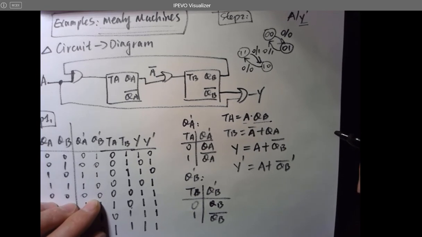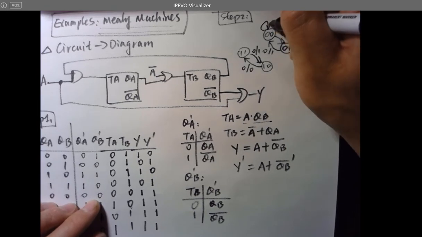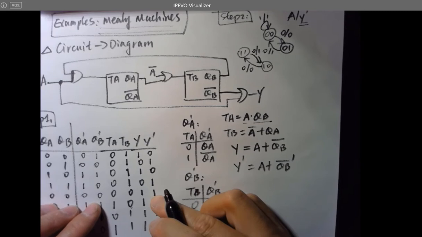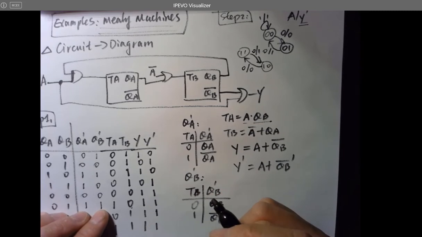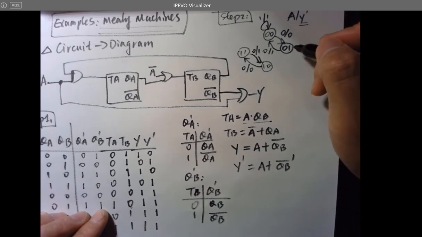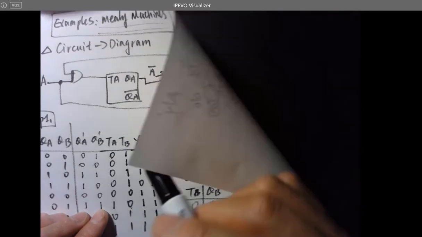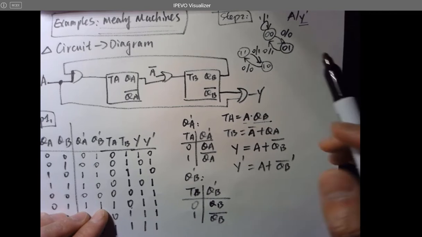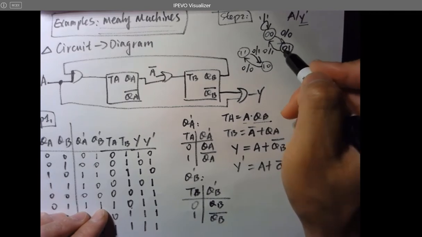0, 0 to 0, 0 itself. And you need A to be 1, you need y prime to be 1, right? And 0, 1 to 1, 1. I have to draw, yeah, for this.